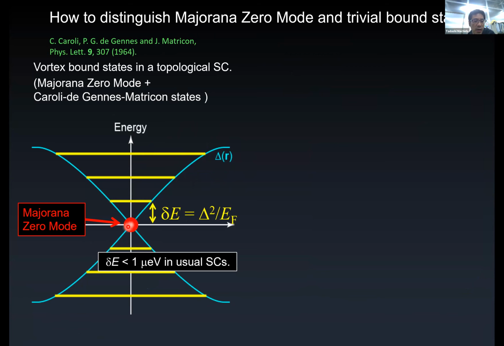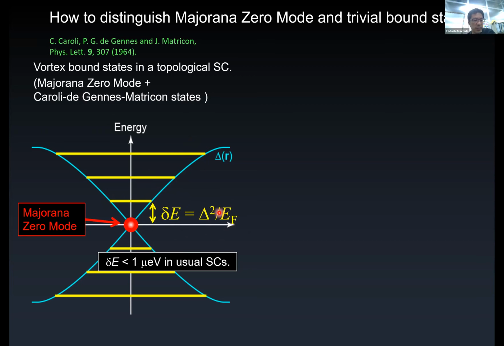In addition to this Majorana zero mode, we also have the conventional vortex bound states, which are called the Caroli-de Gennes-Matricon states, as shown by these yellow lines. The most intriguing parameter to distinguish between the Majorana zero mode and the trivial vortex bound states is this energy separation, which depends on the Fermi energy and the superconducting gap of the material.